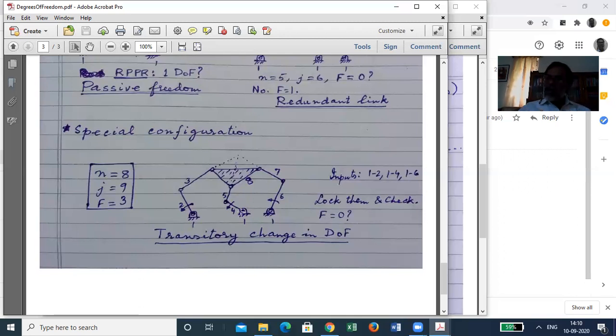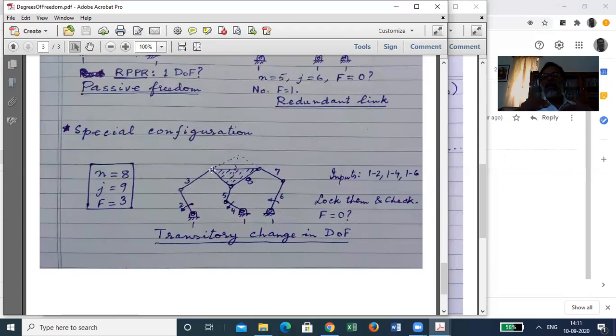There could be a transitory loss in degree of freedom also. For example, if these two links align together, then they will become so rigid that this point will not be able to move along that direction right at that instant. So that is a transitory loss of degrees of freedom, which is not given correctly by the formula.